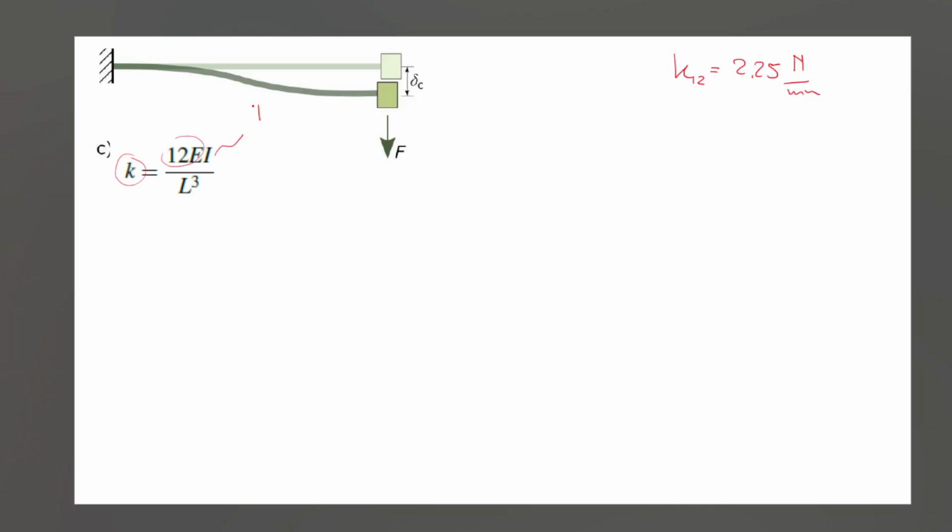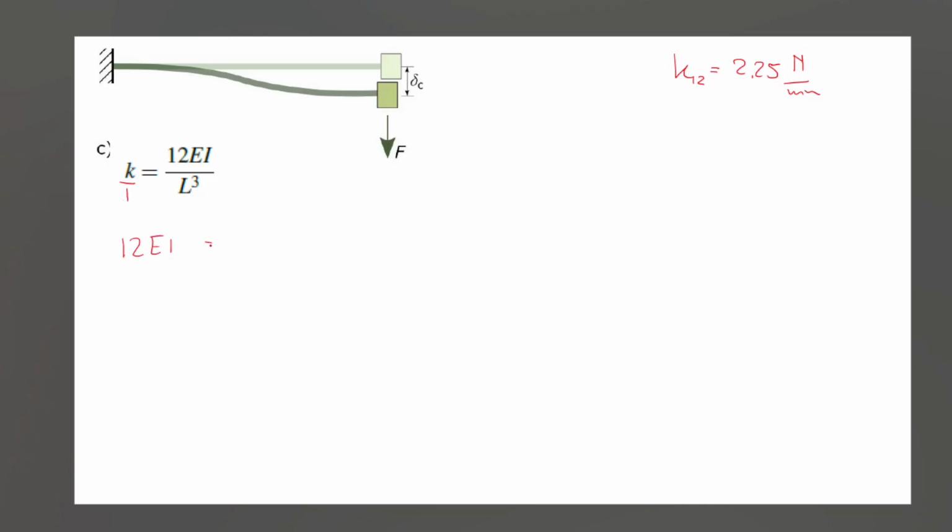The I I'm not quite sure of, because I is of course b h to the third over 12, so 1/12 b h to the third. And this one we also know. So over here h is the one unknown in the system. What we can do is write the system so we have I outside of it. What I always like to do is say K over 1 is still the same, then we cross it. It's 12EI.